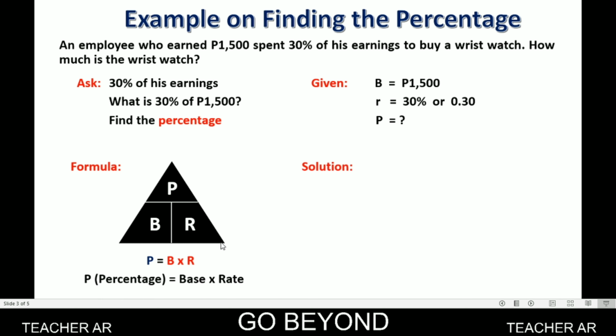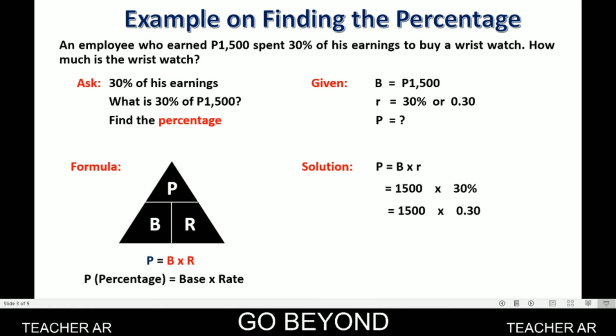So let's proceed finding the percentage. So the next thing that we need to do, we have to substitute the given to the formula. Base times rate. Our base is 1,500 times the rate 0.30 or 30%. Convert 30% into decimal, that will become 0.30.